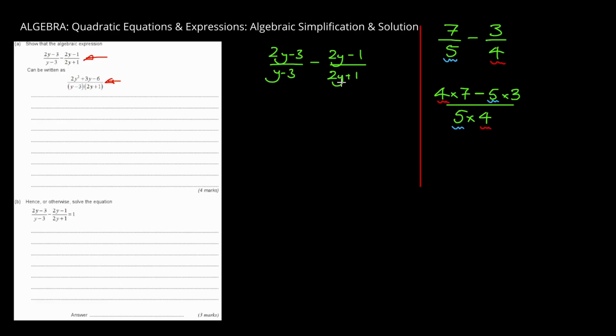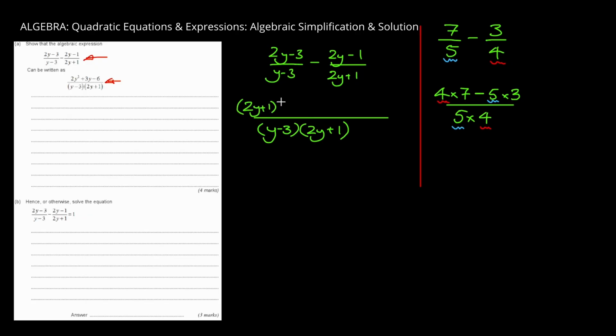Okay, there are the original two terms. Let's set up a common denominator, and the common denominator will be the two terms multiplied together, just like we did with the numbers. So this is y minus 3 multiplied by 2y plus 1. Go through the routine. y minus 3 into the denominator leaves a remainder of 2y plus 1.